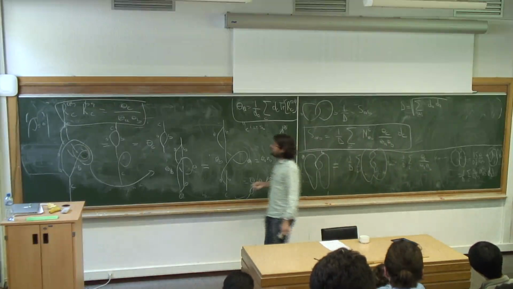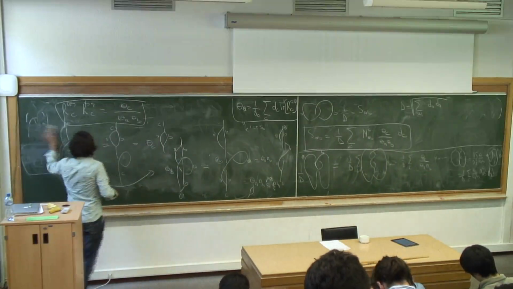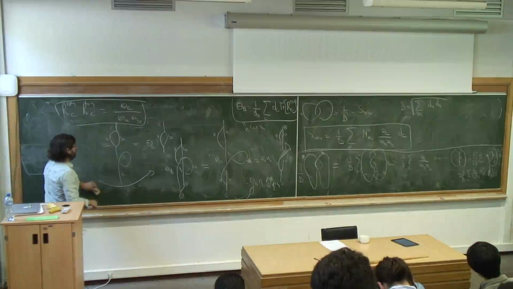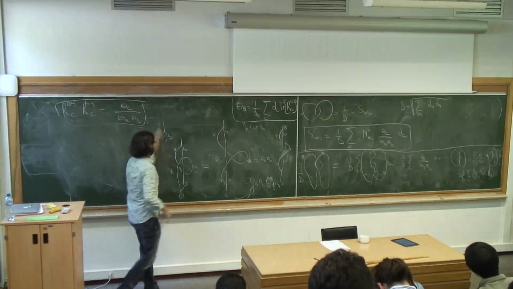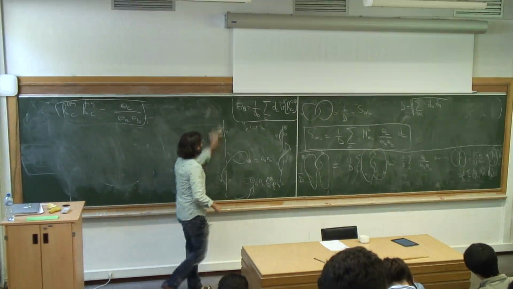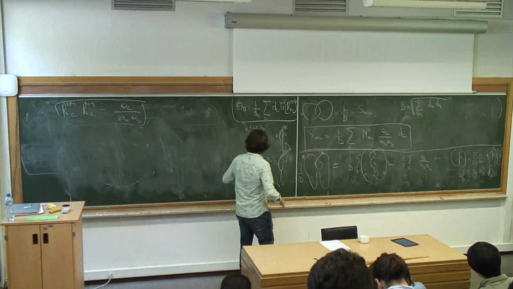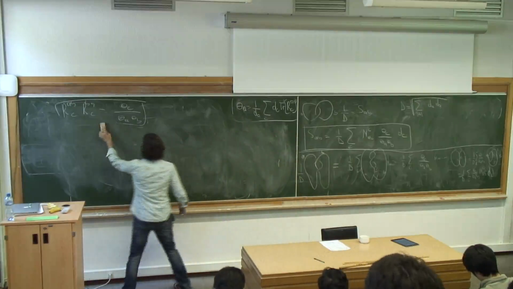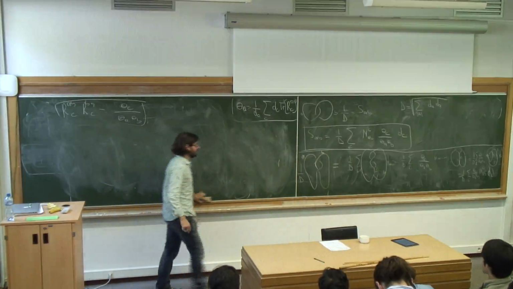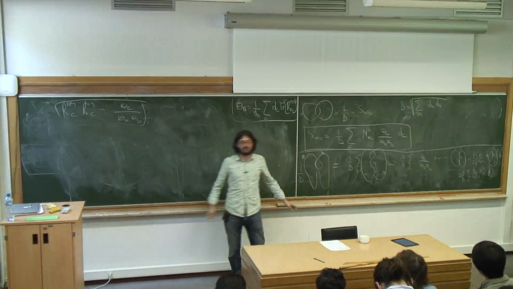Okay, very good. Okay, Ilya, I'm going to erase this. So now we're going to prove the Verlinde formula, which will make everything beautiful. And then we'll stop. And then next lecture we'll use all these things that we've learned.